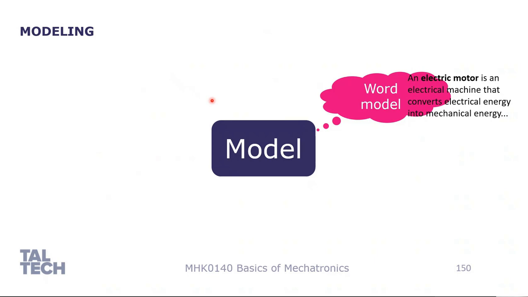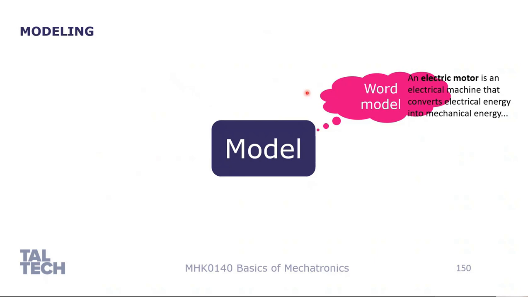I try to explain to you, I try to show you how one or another system is working, how one or another approach is changing if we change something. So we can basically say that what we are doing in the lecture, especially when we are studying new equipment or new laws or physical things, is talking about word models.